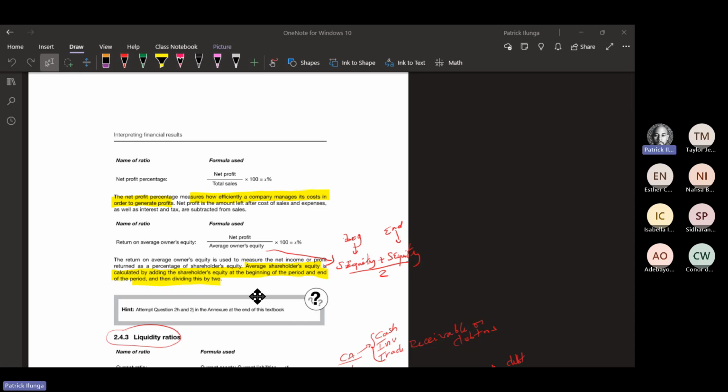And by shareholders, what word comes to your mind? What type of investment comes to your mind? Remember last time we were talking about our shareholders. When you see shareholders, that's your equity capital.